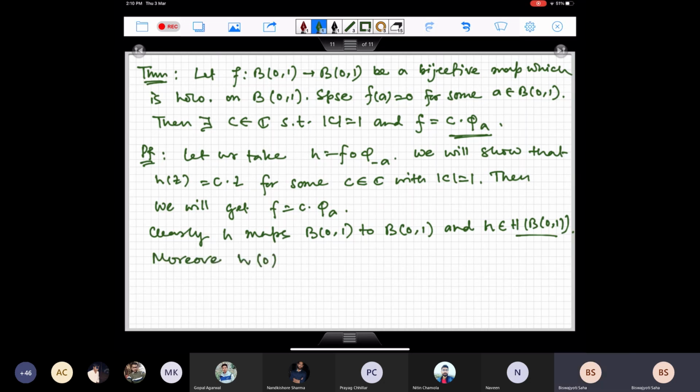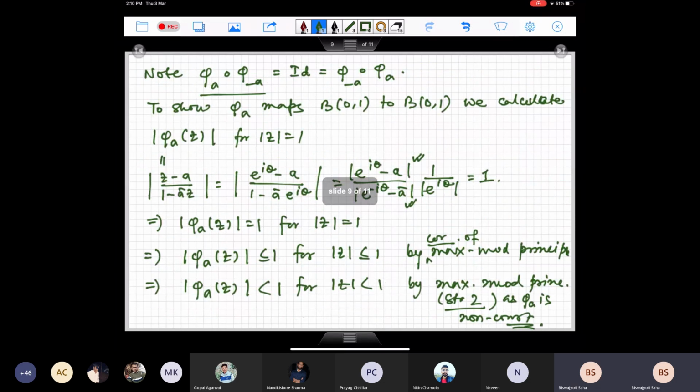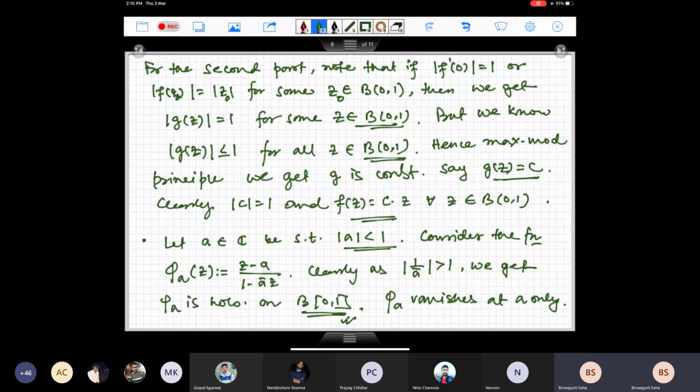H of 0. What is H of 0? By definition, this is F of phi minus A of 0. Now, what is phi minus A of 0? Let us go back to phi minus A. Phi minus A means I will have minus here, plus here.